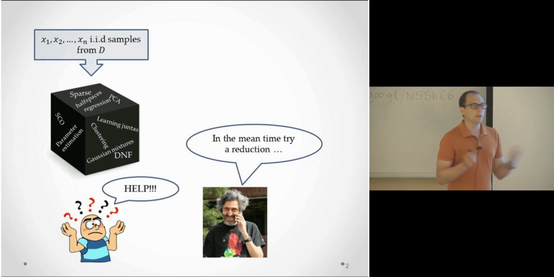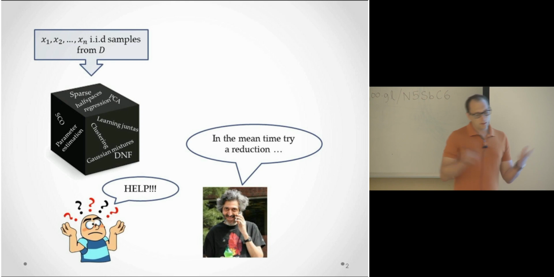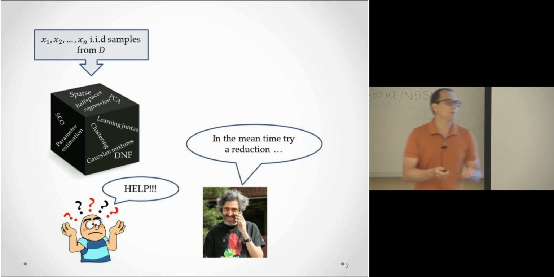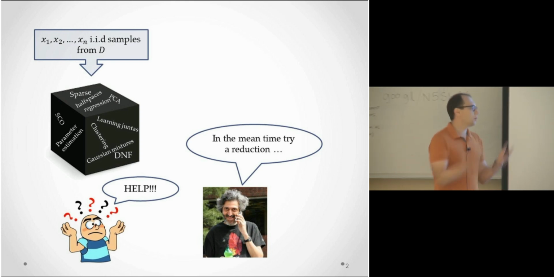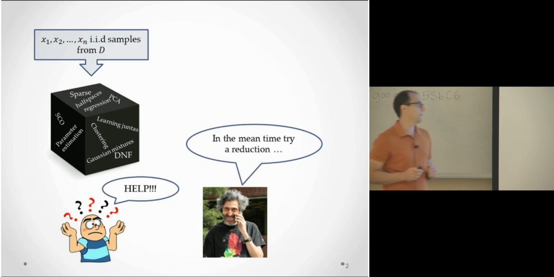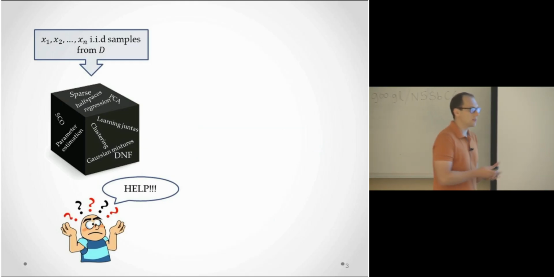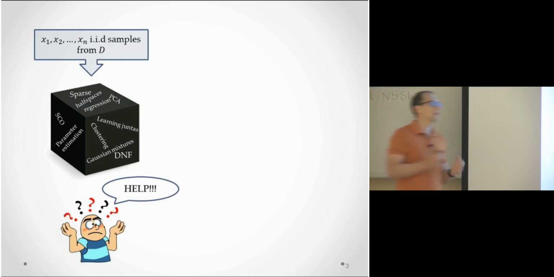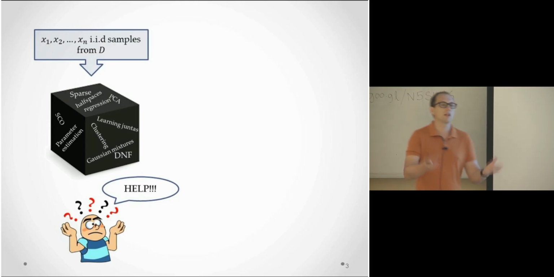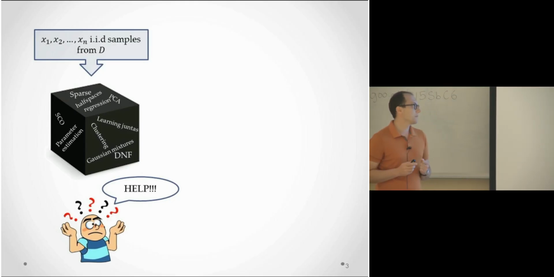Reductions are, of course, great. We love them. But more often than not, you won't be able to find a problem that has been already well studied, and you can reduce from that problem to your problem. And the question is, what can you do in this situation, which is, I would say, a relatively sad state of affairs in understanding of computational complexity?